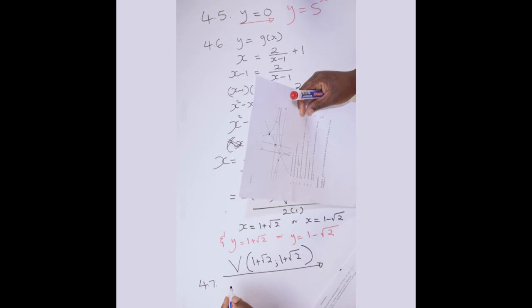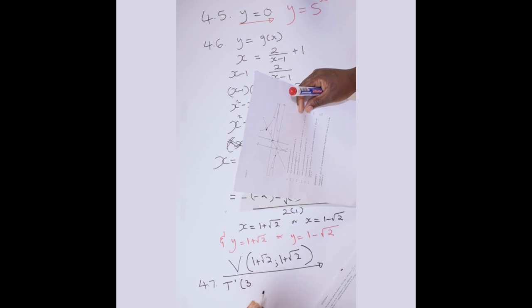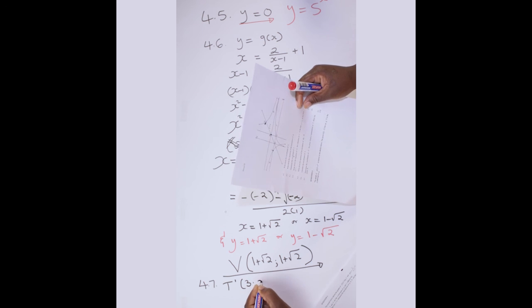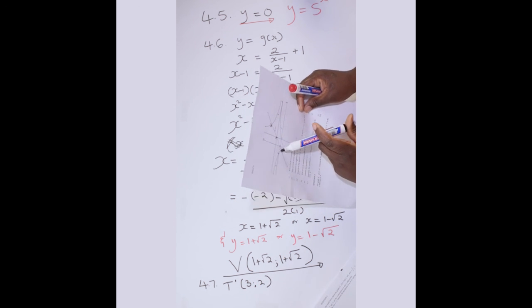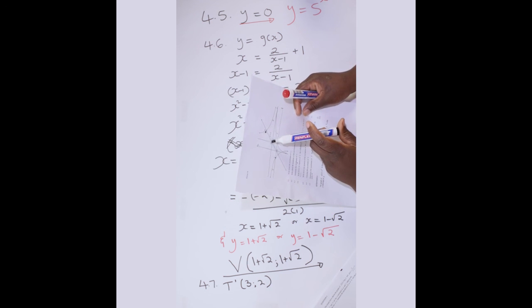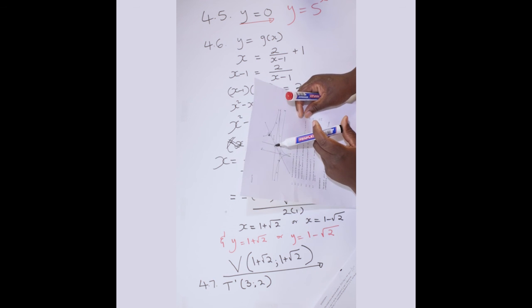We count until we reach our point T prime, which is 3 and 2, using just the movement from the given graph. From R to T and from R to the other point. The movement from the graph to R must be the same as the movement from R to the point. Okay, thank you.